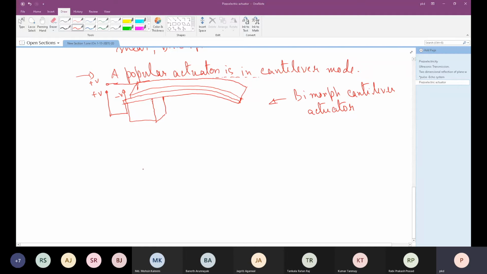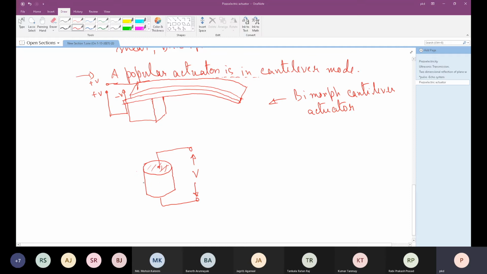Then we can have circular actuators also. Here basically the length will change in this direction.